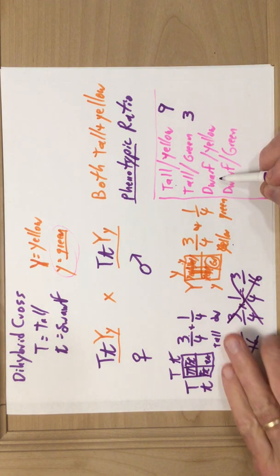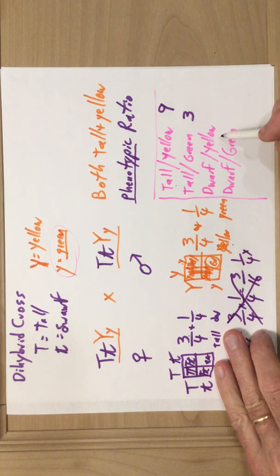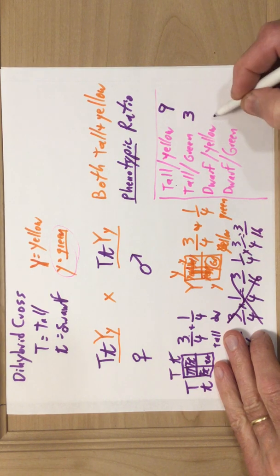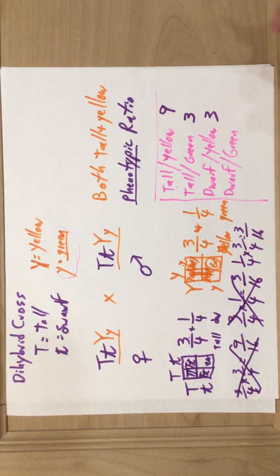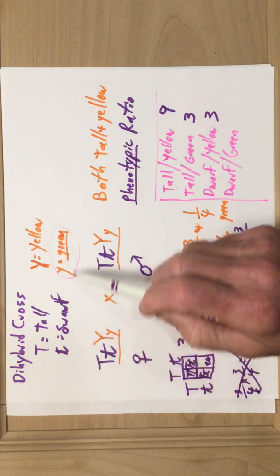What is the chance of being dwarf? Here's my dwarf one. 1/4. And yellow? Yellow's 3/4. Right? So again, that's going to be 3 out of 16. So there's going to be a 3 out of 16 chance that there's going to be a dwarf yellow plant. Dwarf green's going to be super hard to get because both of those are recessives.